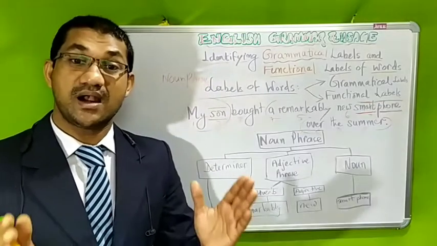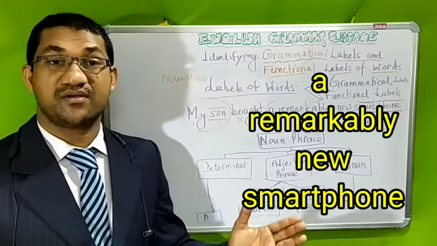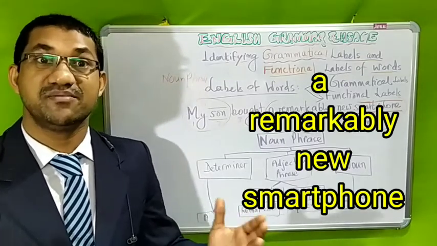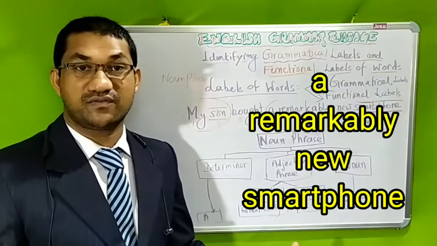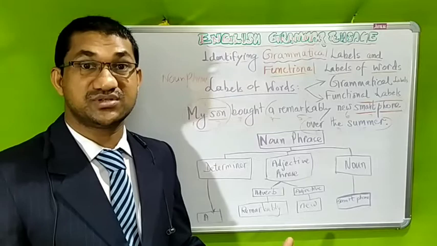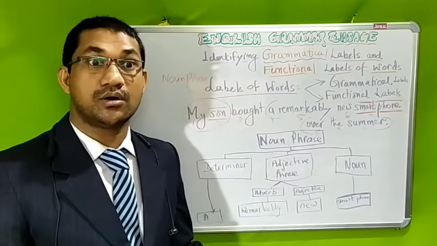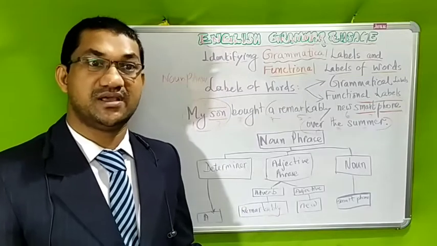So we understand sentences this way, and we know that we can give labels to each of the words, and those words which are determiners, nouns, adverbs, adjectives, etc. are part of the sentence, and they are grammatical labels.